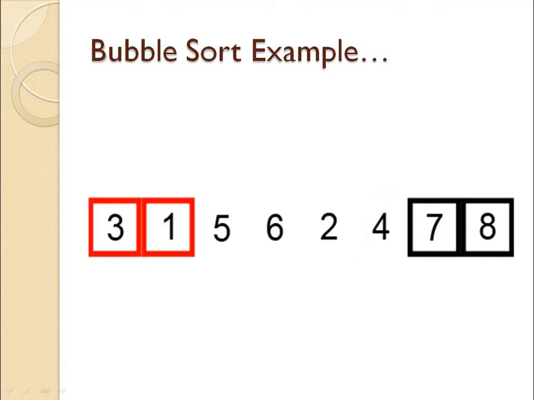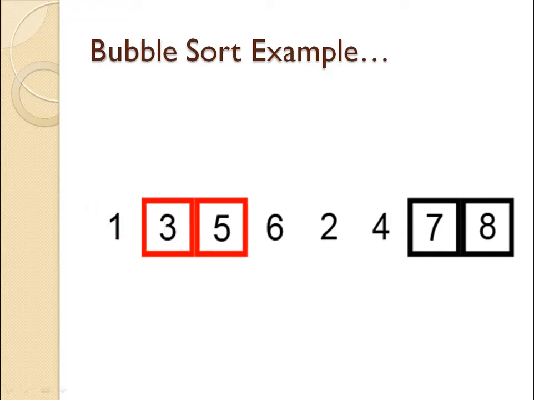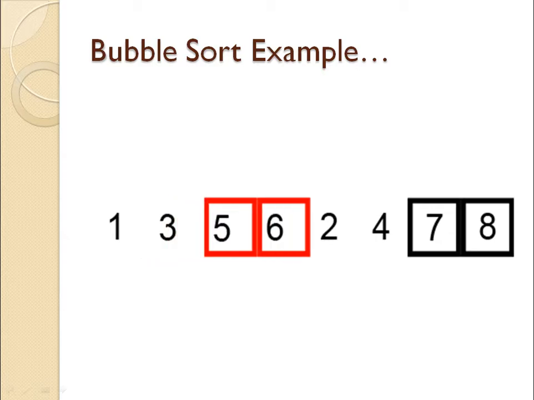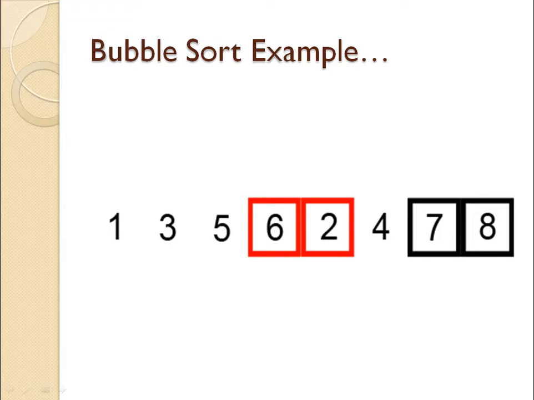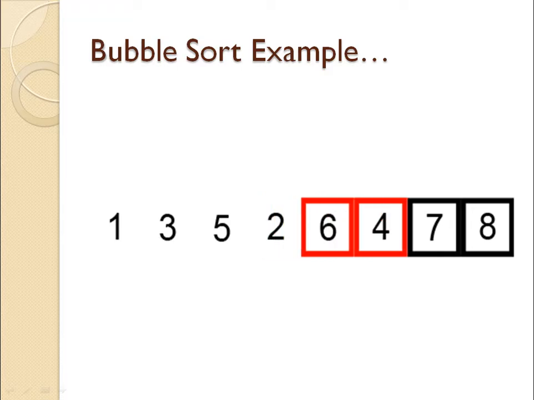Now again 3 and 1 compared, swapped. 3 and 5 compared, no swapping. 5 and 6, no swapping. 6 and 2, yes, swapped. 6 and 4, yes, change of place.